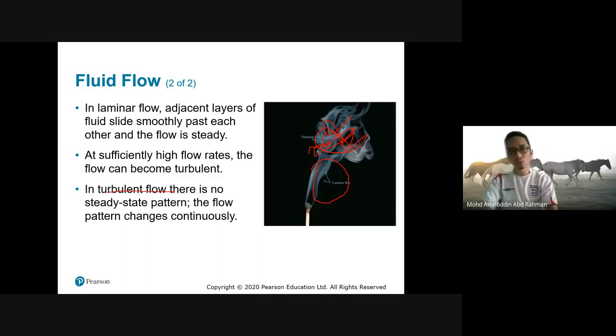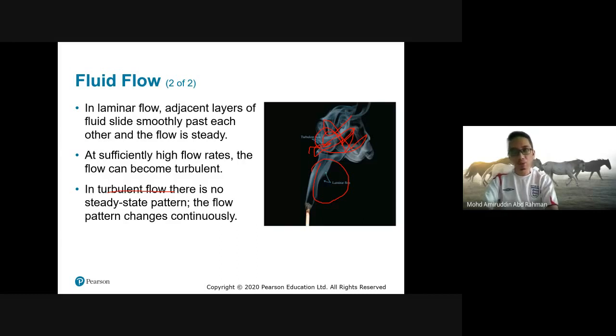At very high flow, you will see the turbulent flow. I mean, there is no exact flow line that you can see. But if you turn on the tap at a small flow, then you will see the water nicely has a flow line. So you can try that. That's the relationship of the fluid flow.